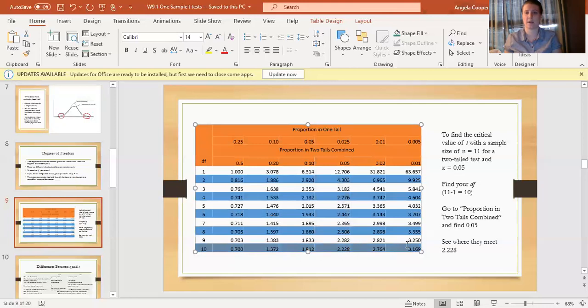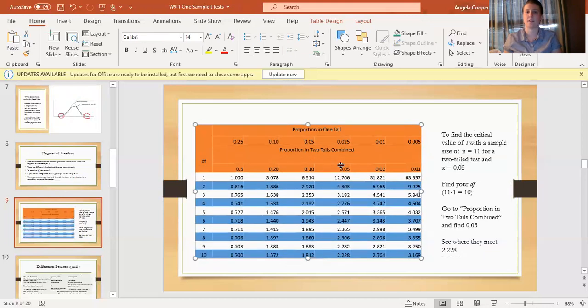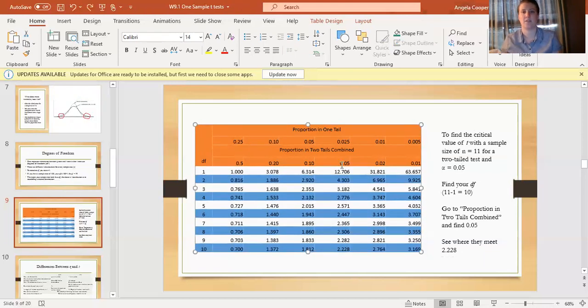This is the row we're looking at, this bottom row here. And then we have a two-tailed test, so we know we're looking at these values here. And we have significance level at 0.05. So we have this column and then the bottom row.